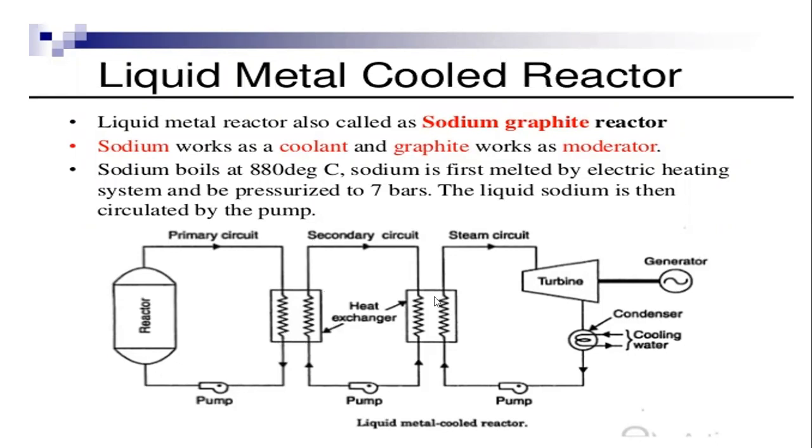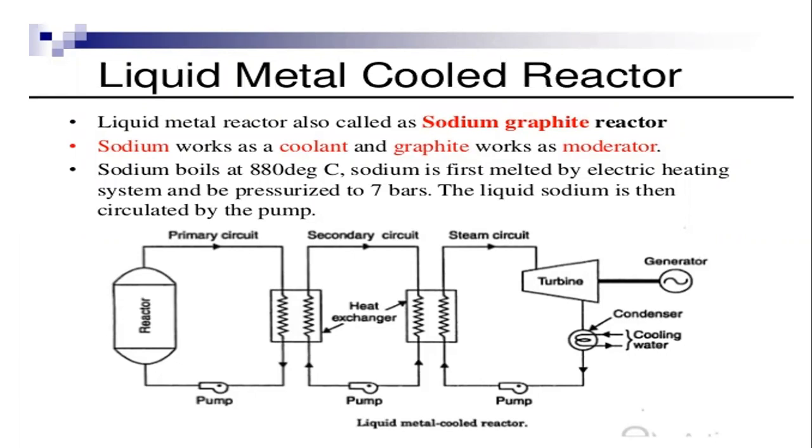Therefore we require two heat transfer circuits so that the radioactive sodium does not come in contact with the steam circuit. Why? Because by using two heat exchangers, the radioactive sodium does not combine with the steam or the water.